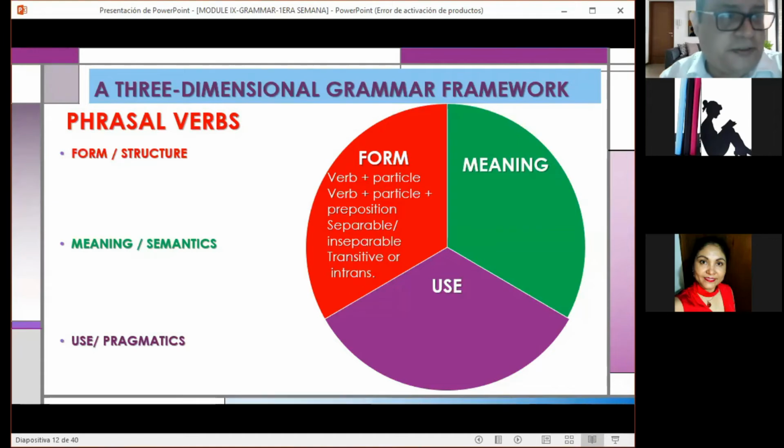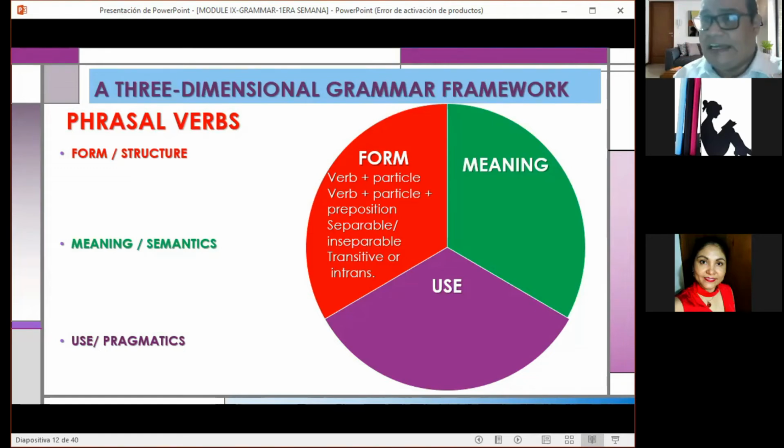No? Verbs which take an object and verbs which don't take an object. If they take an object, they are transitive. If they don't take an object, they are intransitive. So phrasal verbs also have this categorization. Some of these phrasal verbs are followed by an object, and some of them are not followed by an object.